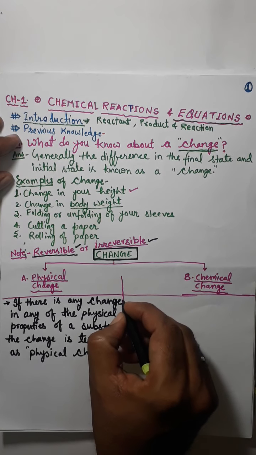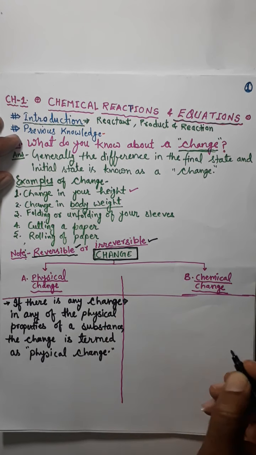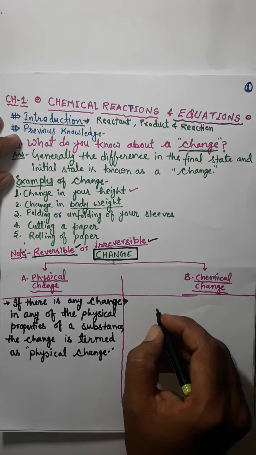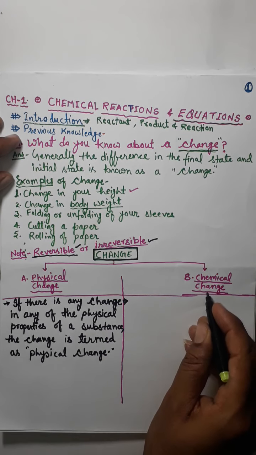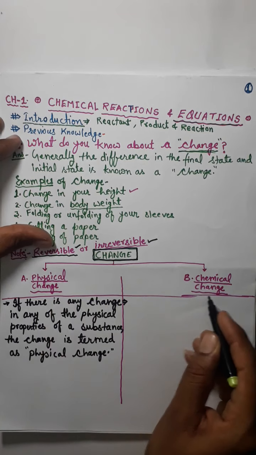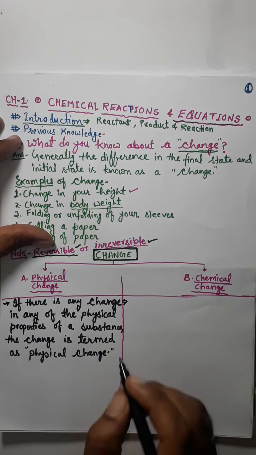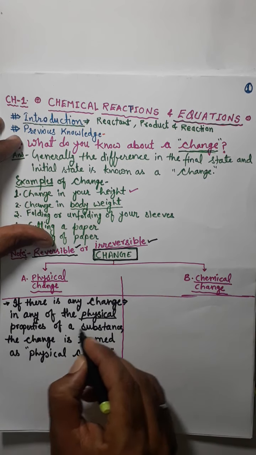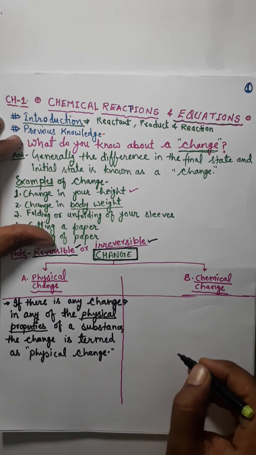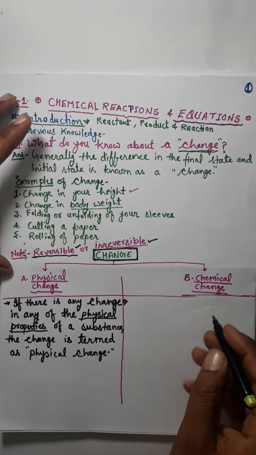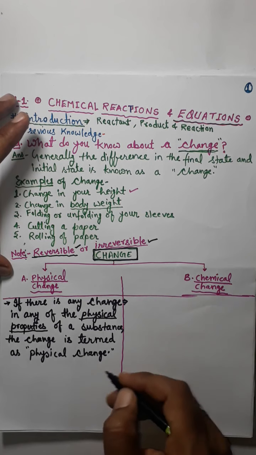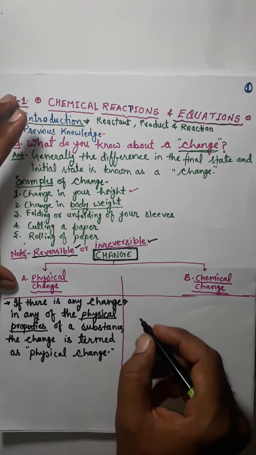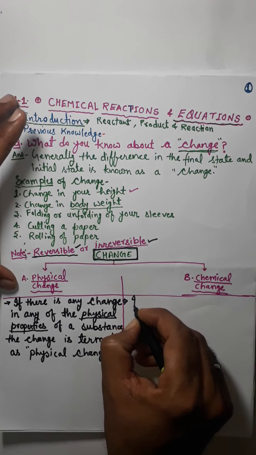If we go to the definition of chemical change, the same definition you can use. The only difference between physical change and chemical change is that the word physical properties has to be substituted by the word chemical, and then it becomes chemical change. So let's define the change.